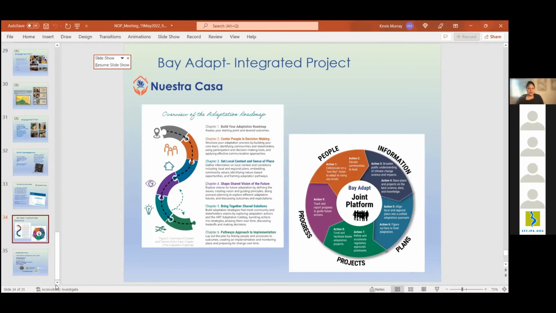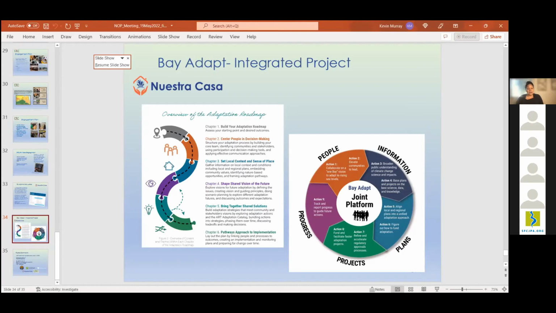You can see these recommendations on our Nusta Casa webpage, such as a co-design process and developing accessible engagement activities. At this time, Nusta Casa is looking forward to engaging the community in this important project. Some strategies we've used in the past include focus groups, community webinars, and stakeholder interviews.